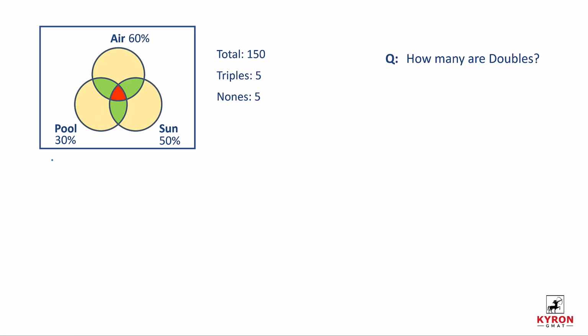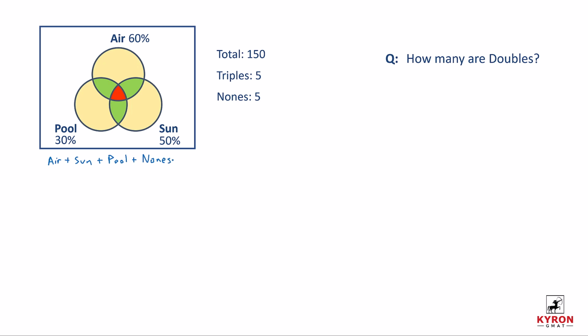To solve this, let's create an equation that relates all these various quantities. So in the development, we have houses with air conditioning, and houses with a sun porch, and houses with a pool. And let's not forget about the houses that have no amenities, the ones that we called the nones.